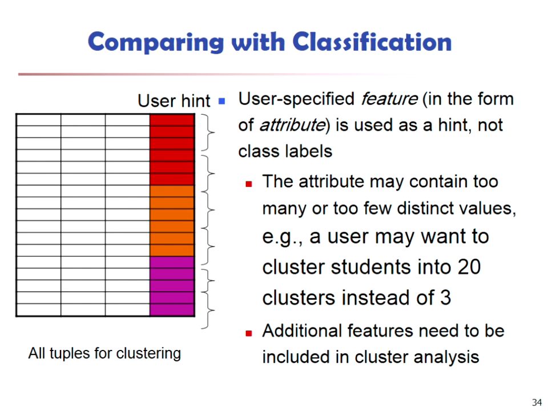So the user specifies features in the form of an attribute, and this feature is used as a hint, not class labels. The attribute may contain too many or too few distinctive values. For example, a user may want to cluster students into 20 clusters instead of 3. Additional features need to be included in cluster analysis.